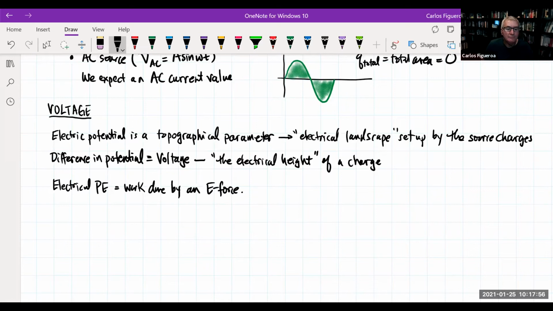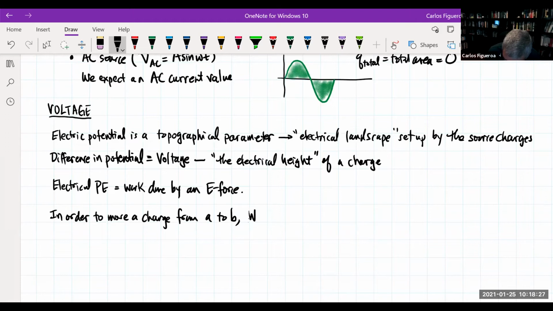But my goal here is to say the following: in order to move a charge from A to B, work must be done.